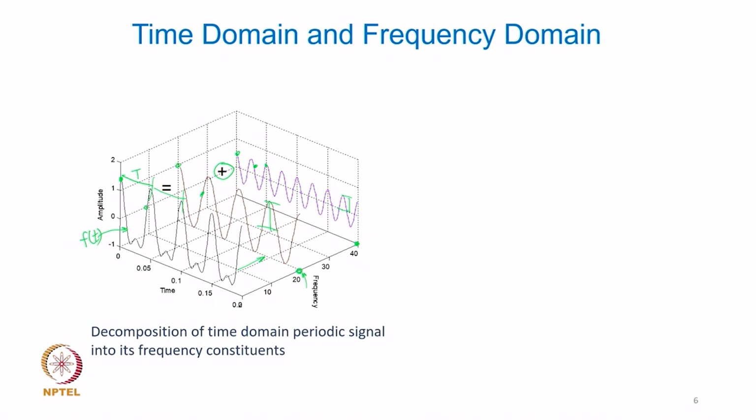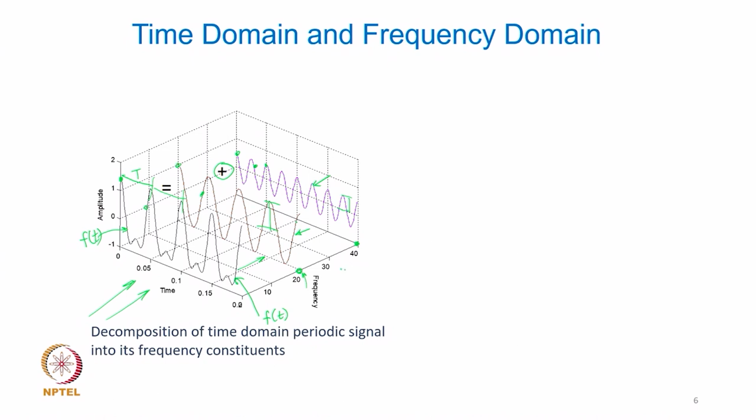I hope you recollect Fourier series decomposition, and that is what we are going to use. Now, if you look at these two constituents added up, from the time axis orientation, you get a time domain function f of t, f as a function of time.